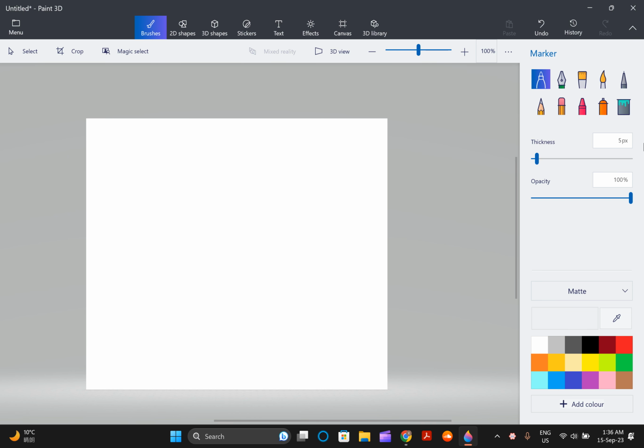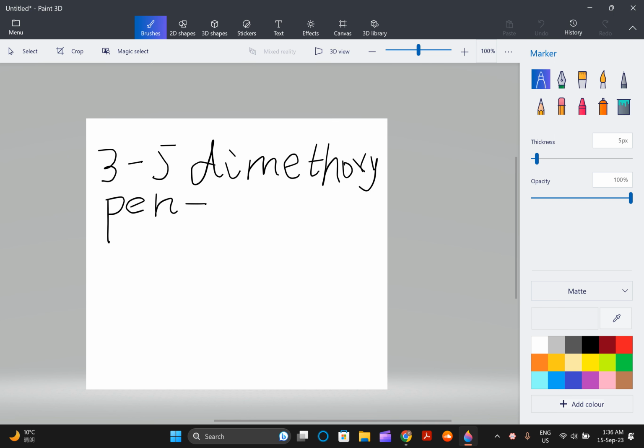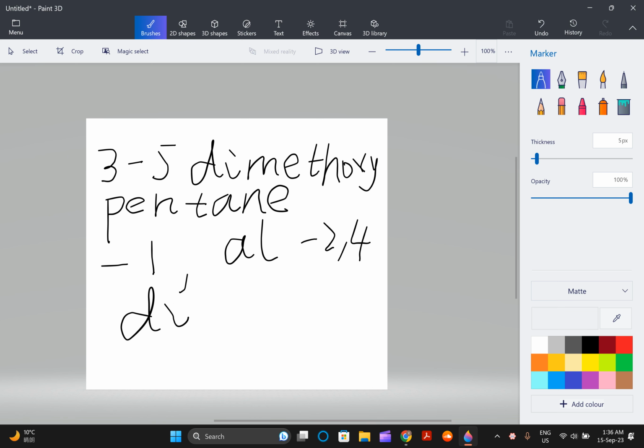So the answer to the question earlier, we have 3-5 dimethoxypentane-1-al-2, 4-dione.